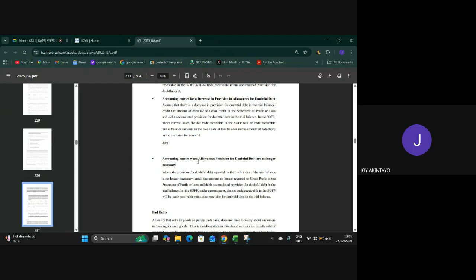We now have 0 balance in our provision for doubtful debt. Then when you take 0 from your trade receivable, you will still get your trade receivable. Are we together? Because 0 is now our new provision for doubtful debts.